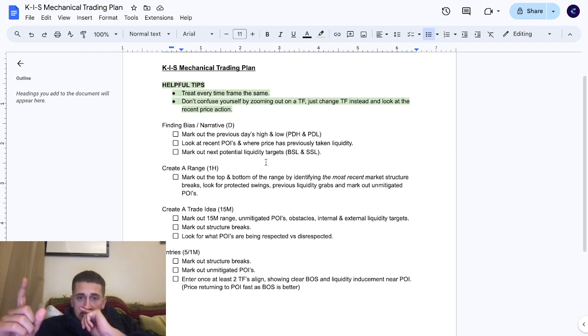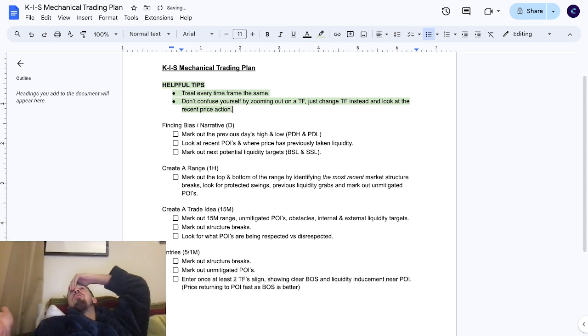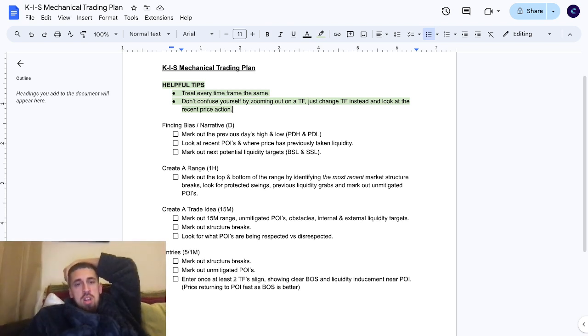Basically trying to say that the higher time frame is the external liquidity and the lower time frame is the internal of the higher time frame.